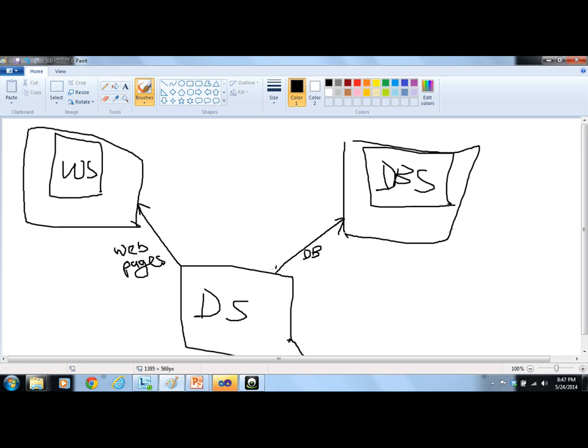Of course, we can have a bidirectional movement here, because data flows here, and here we have a DB data flow between the web server and the database server. Okay, so this is the scenario we are painting.